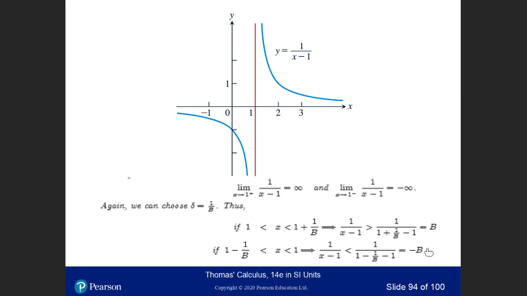That means the absolute value of my function is greater than the absolute value of b. If b is minus 10,000, my function is maybe minus 11,000, so it will be less than minus 10,000. Okay, these are our one-sided limits.